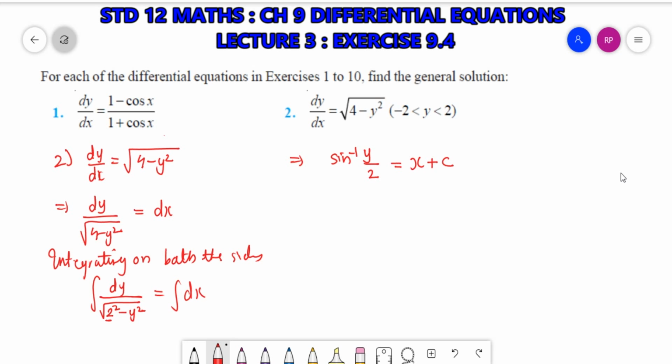So sine inverse y by 2 equals x plus c. So y by 2 equals sin of (x plus c), or y is equal to 2 sin(x plus c). This is the solution of question number 2. So just note it down.